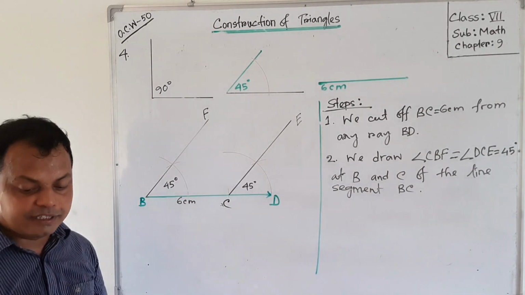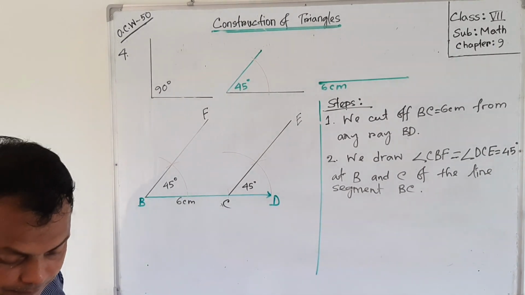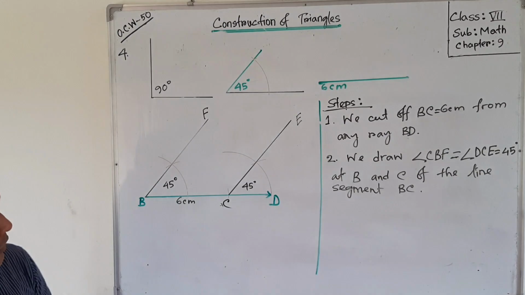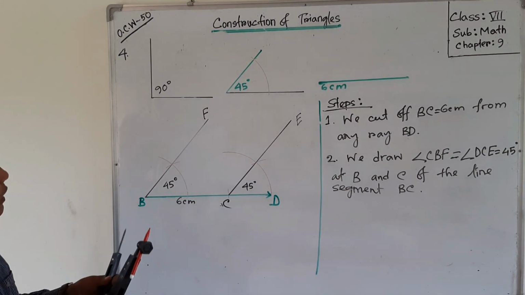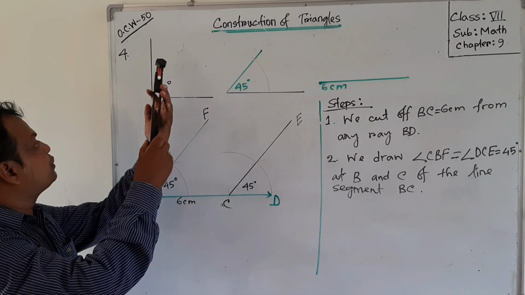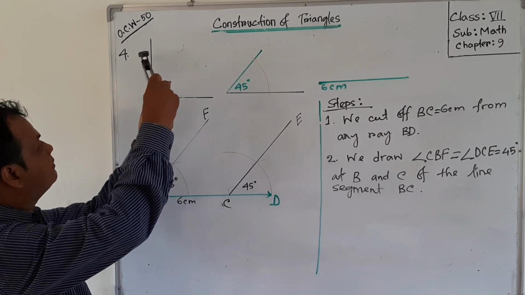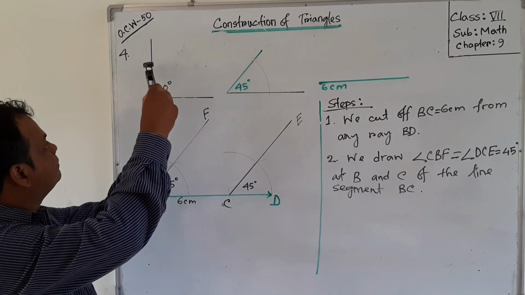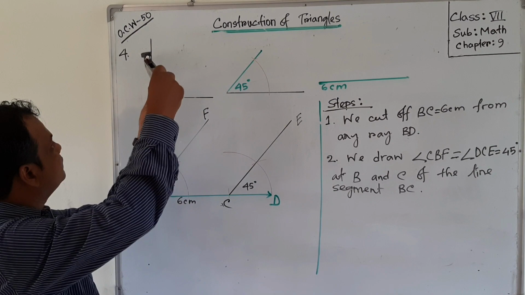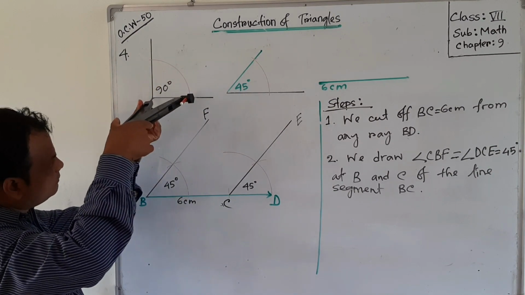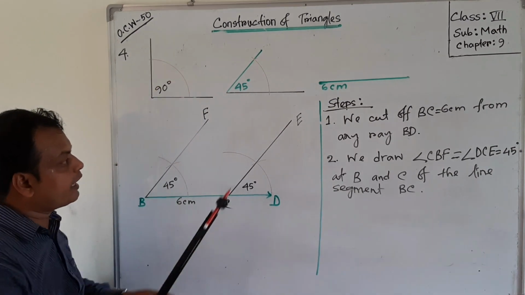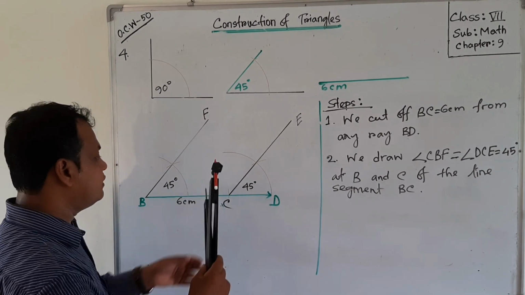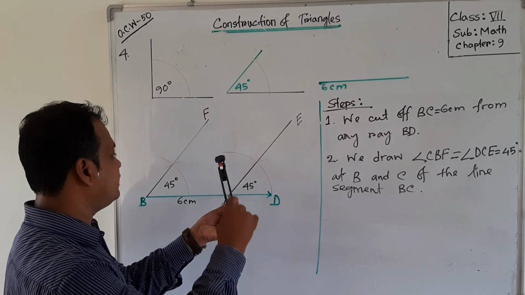Now take again the pencil compass. Then take the radius equals to 90 degree. This angle, and we will draw angle ECG from where? Here in this point.